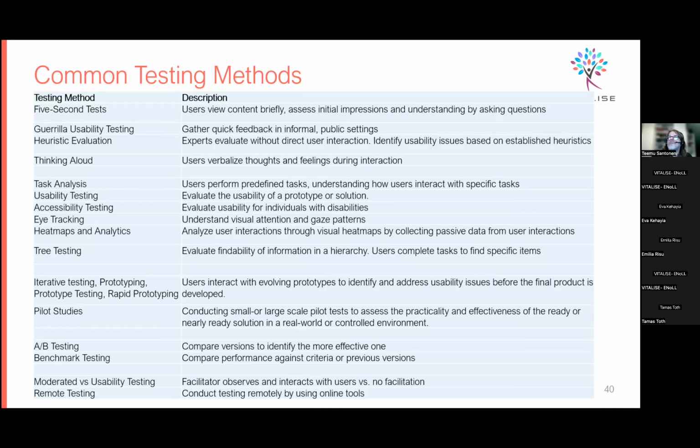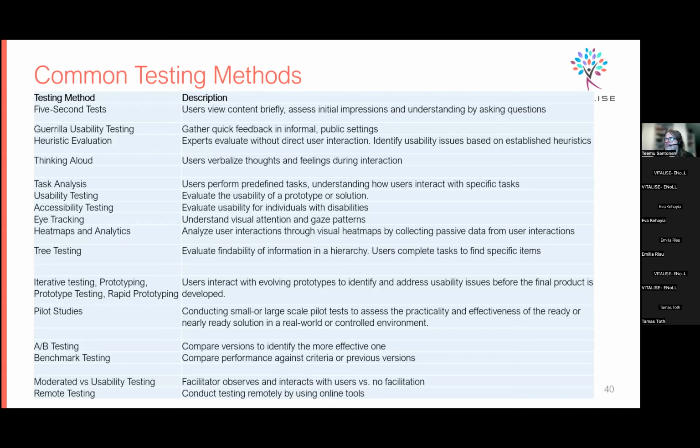And thinking aloud is where the users verbalize their thoughts and feelings during the interactions. We could be doing task analytics, where we ask users to perform predefined tasks and try to understand how they interact with the specific tasks, or usability testing or accessibility testing.